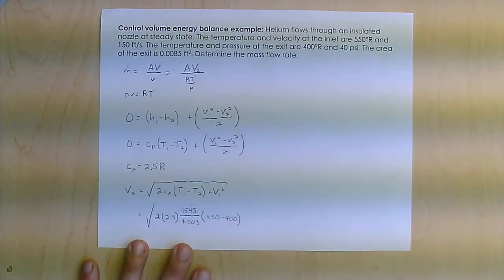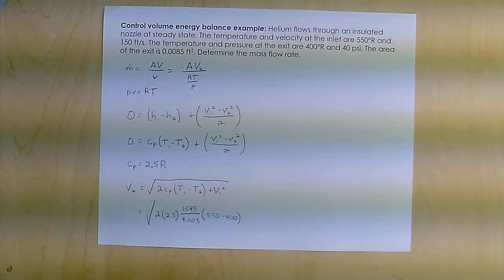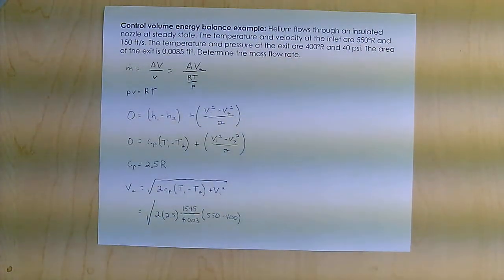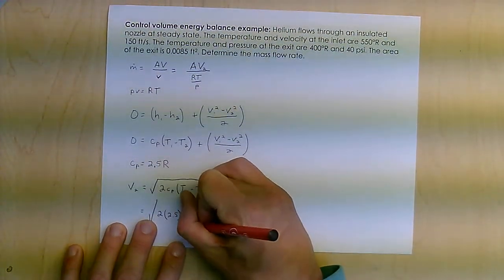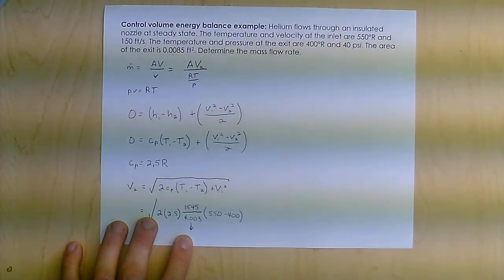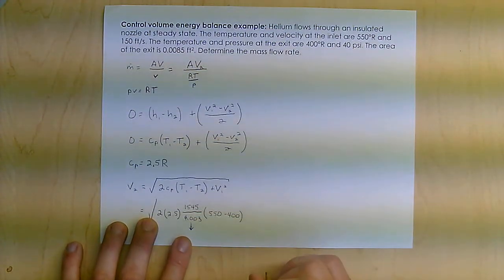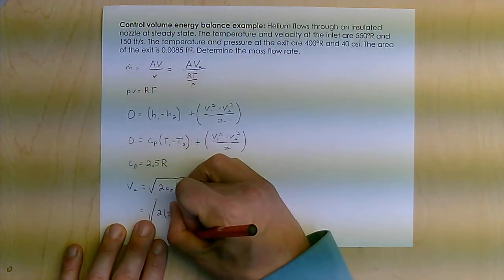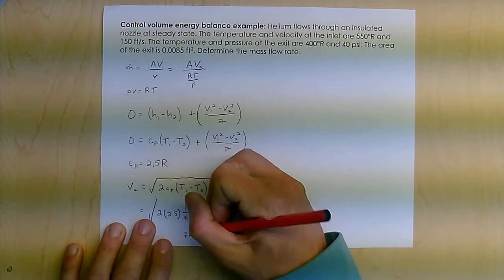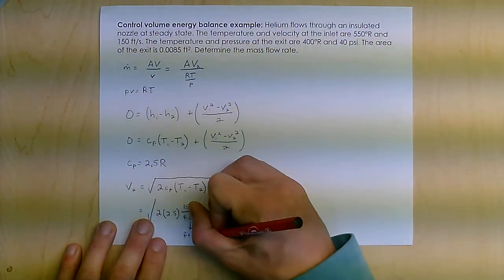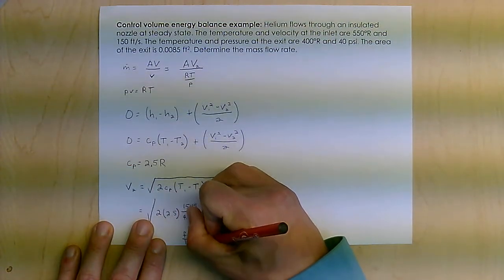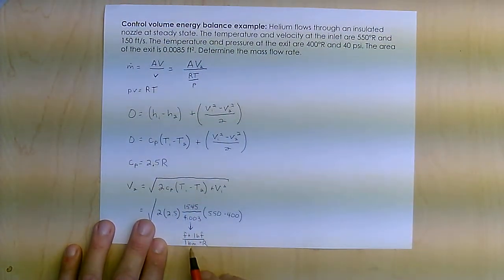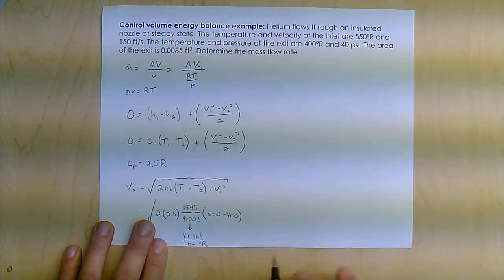Okay, let's go through some units on here. The units on that R are foot-pounds per pound mass. Actually that's pounds force feet per pound mass degrees Rankine, and it's pound mass because I did the molecular weight here.